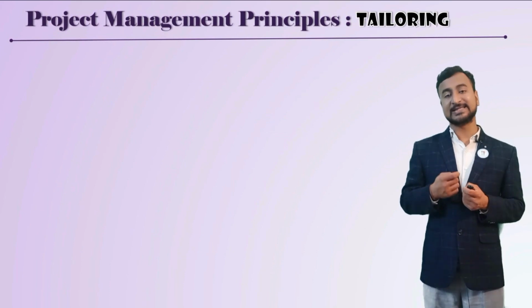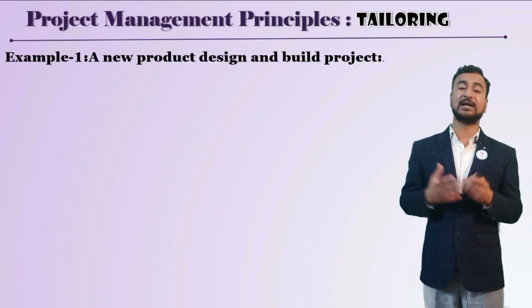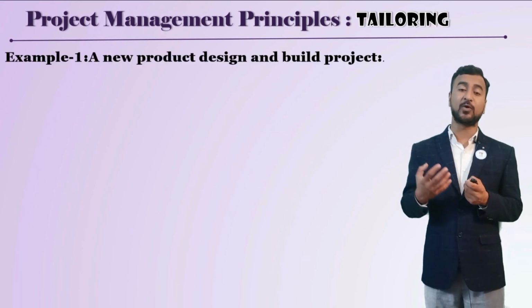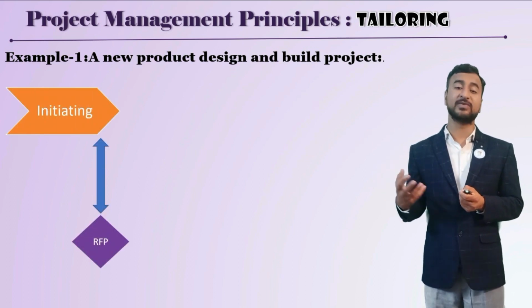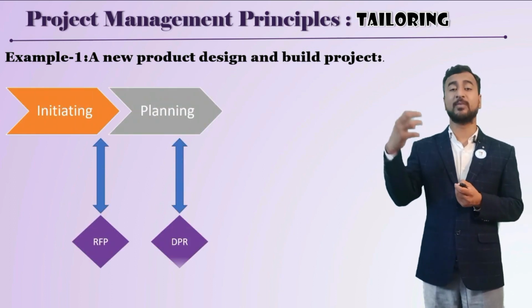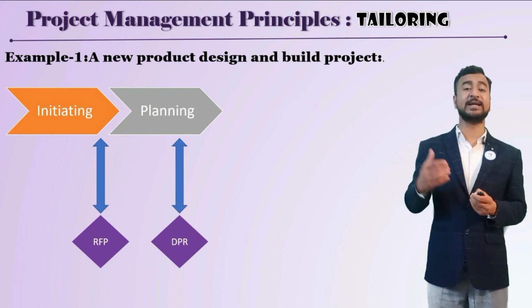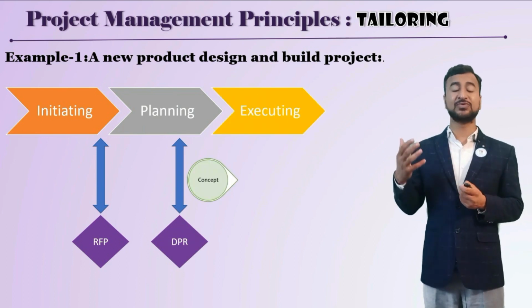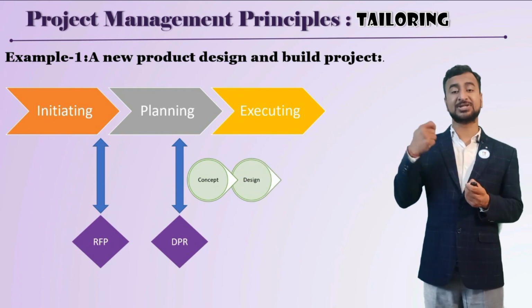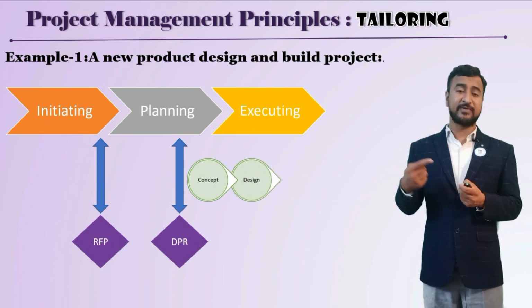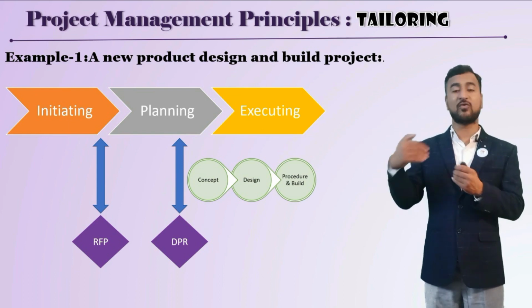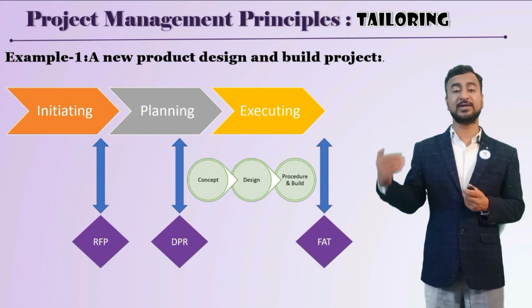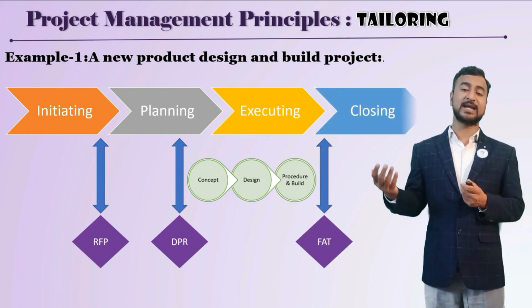Let's understand this with an example. If you want to build a new product design project, then in the initiation phase you come up with the RFP, in the planning phase you produce the detailed project plan, and in execution it's conceptualization, then further fine-tuning, and then finally build. That is waterfall, sequential in nature, and finally you go with the final acceptance test and go live.